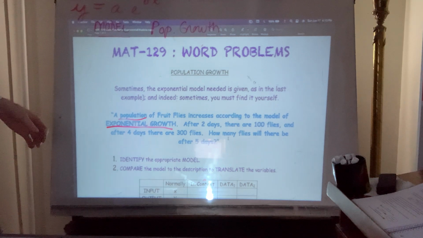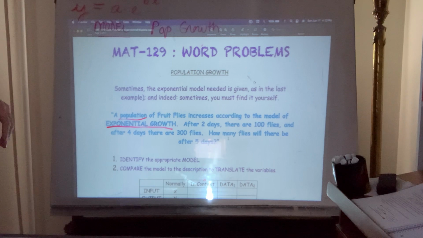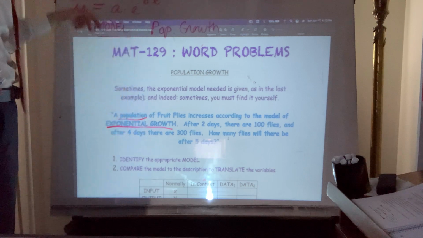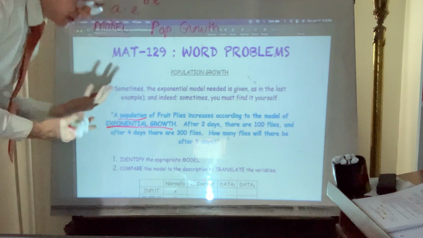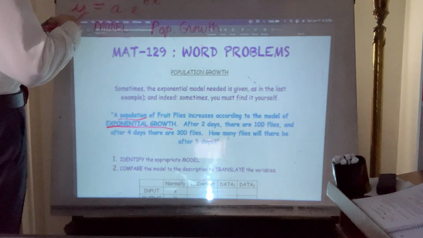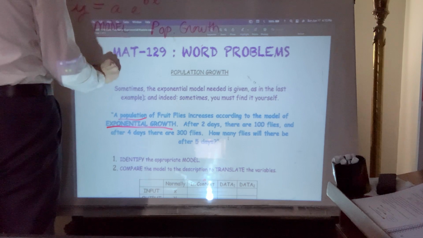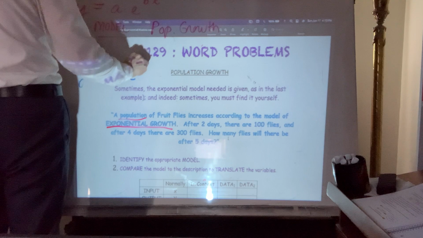And now we're going to compare the model to the description to translate the variables. What does that mean? It means instead of x, you might use a different letter up front. It's not imperative, but let me put this here. Y equals, I'm going to leave A for right now, e, and I'll leave B for right now.